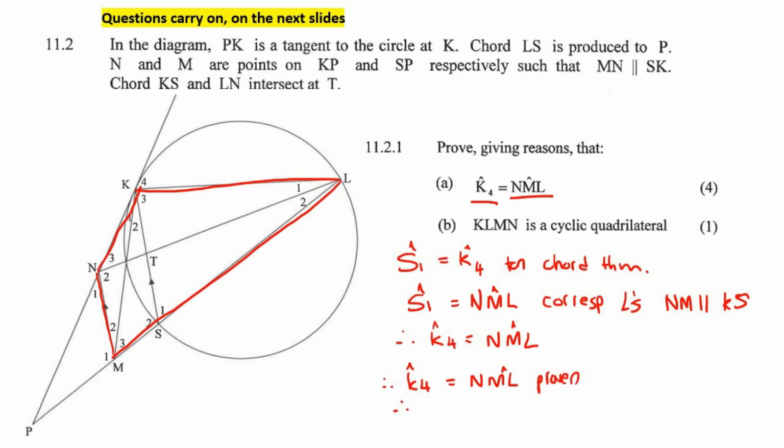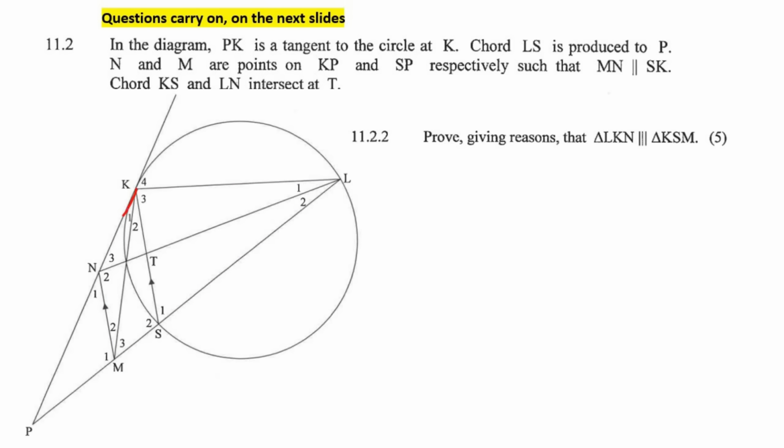So we can then say, therefore, KLMN is cyclic. The reason that we can say it's a cyclic quad is because the exterior angle of this quadrilateral is equal to the interior opposite angle. Okay, so remember what we've proven so far, that this is a cyclic quad. I don't know, maybe we'll need that a little bit later.